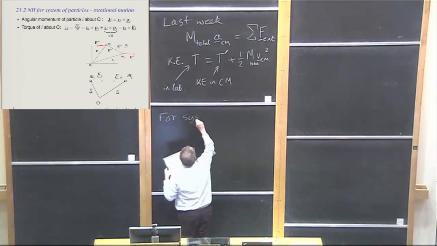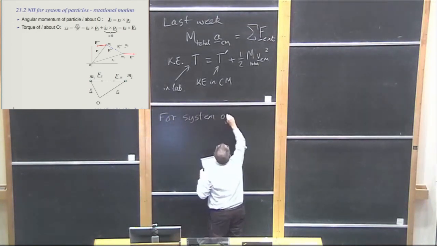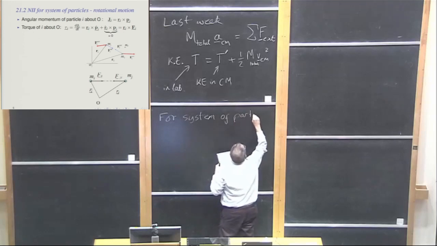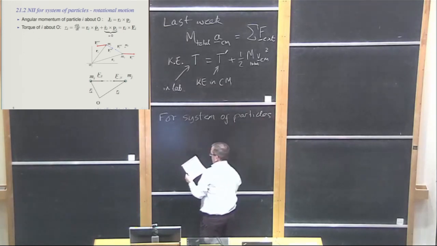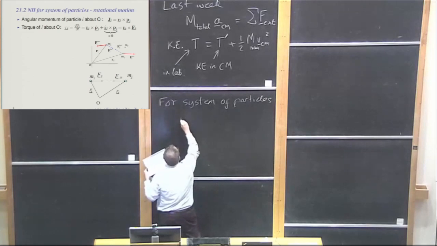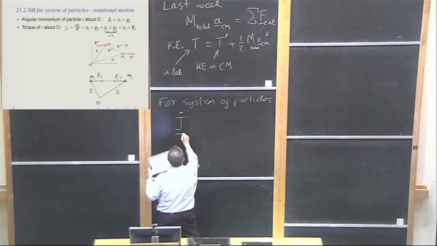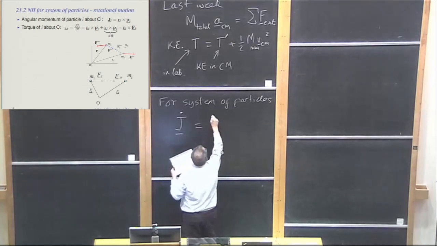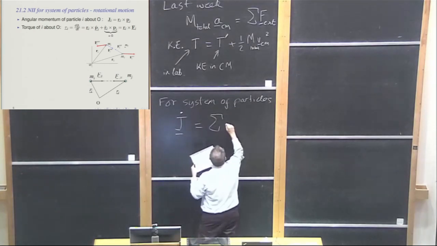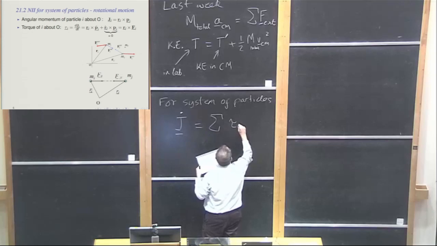Therefore the J dot for the system is going to be the sum over all the torques, right?